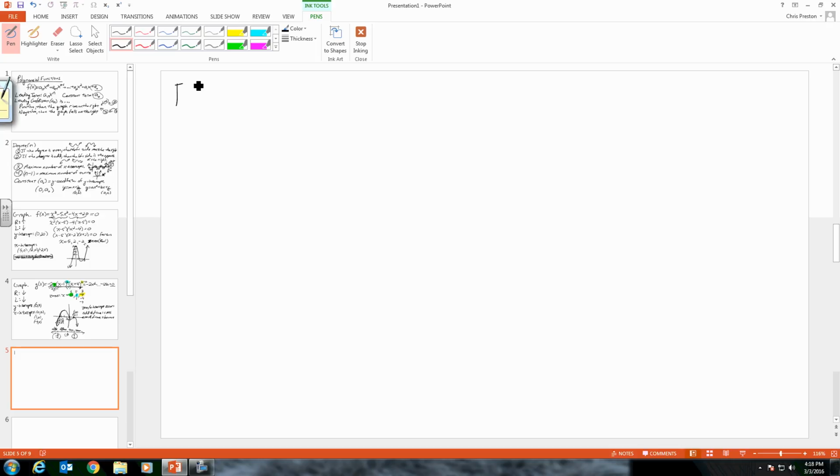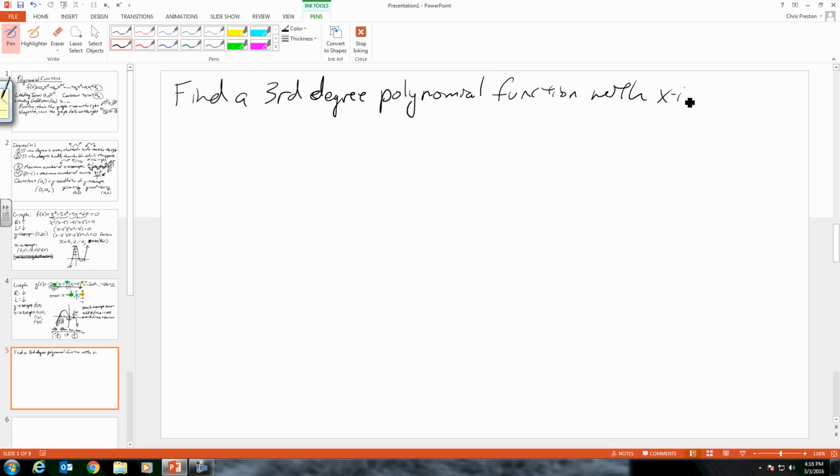So let's say we want to find a 3rd degree polynomial function with x-intercepts at 2, 0, 1/2, 0, and -4, 0. Okay? So we got 3 of them. That's good because we want a 3rd degree polynomial.